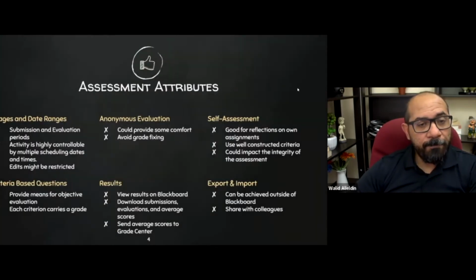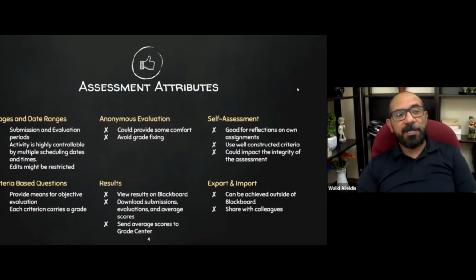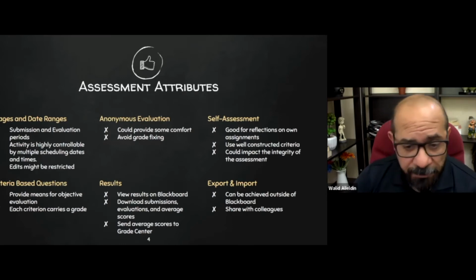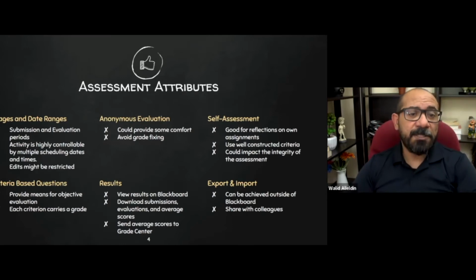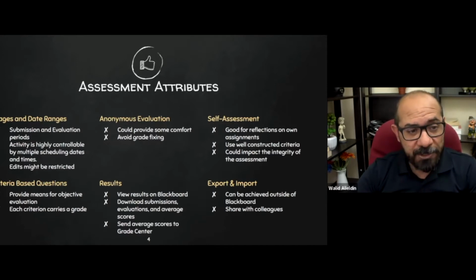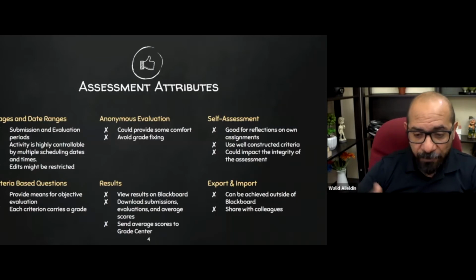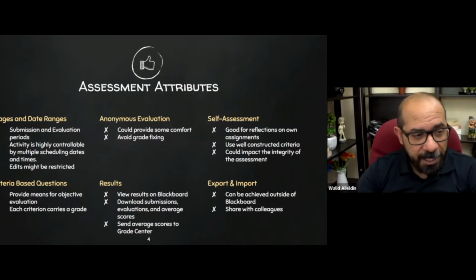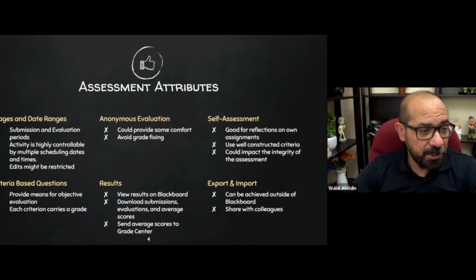All right, so there are many attributes to the self and peer assessment. The most important attributes are that this assessment has specific date ranges and stages. The assessment for the student has two stages. The first stage is the submission stage, and the second stage is the evaluation stage.